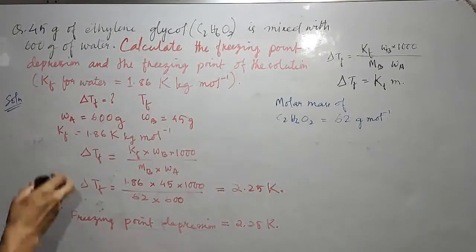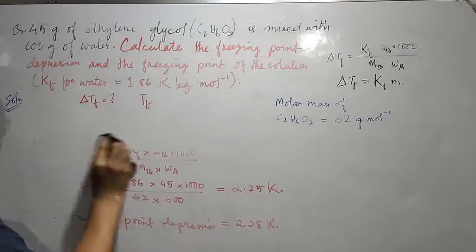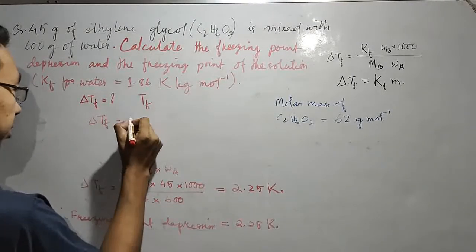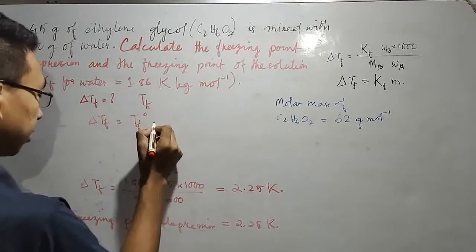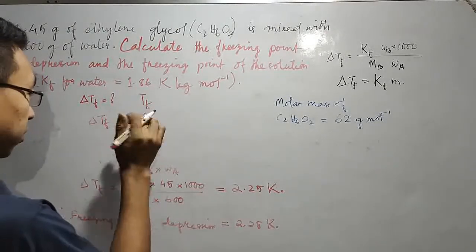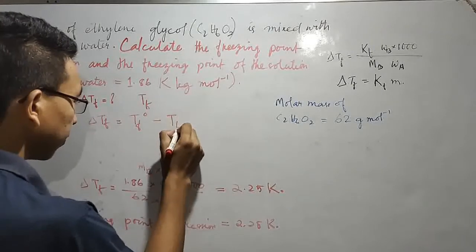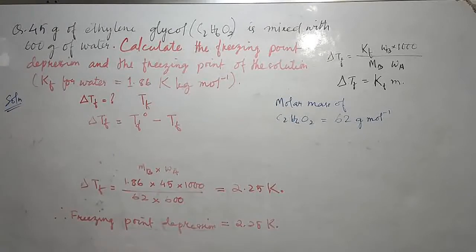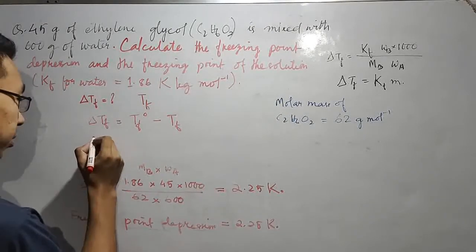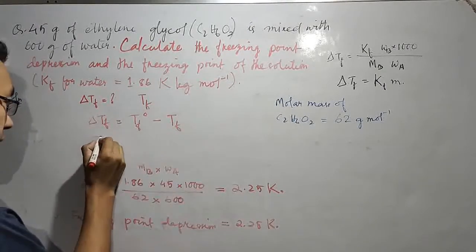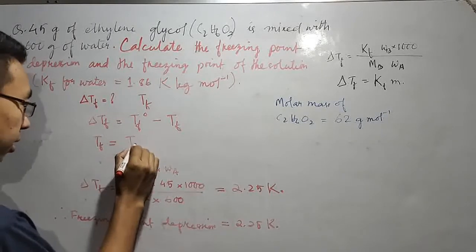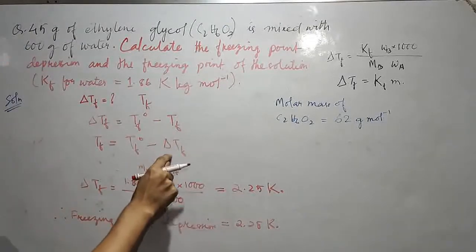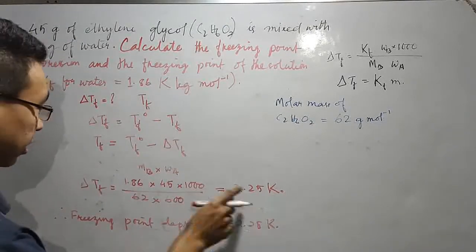We know that del TF is equal to TF degree, the freezing point temperature of the pure solvent, minus the freezing point of the solution. Bringing this to this side, TF is equal to TF degree minus del TF.